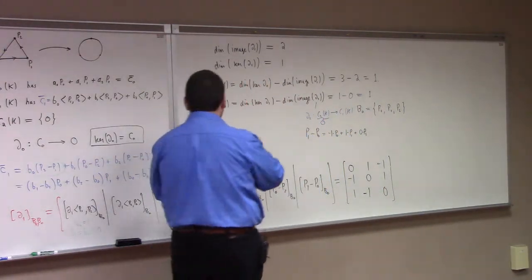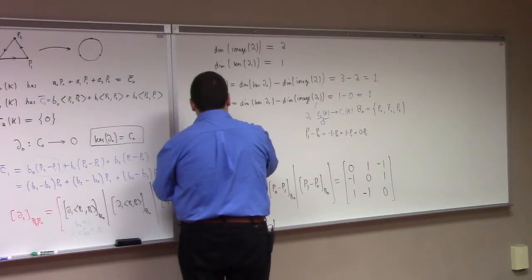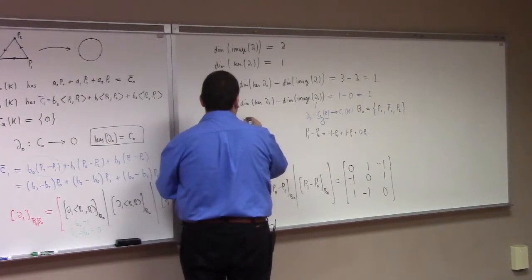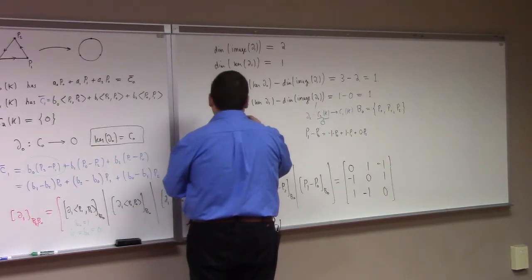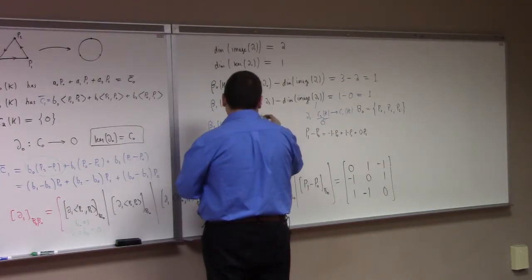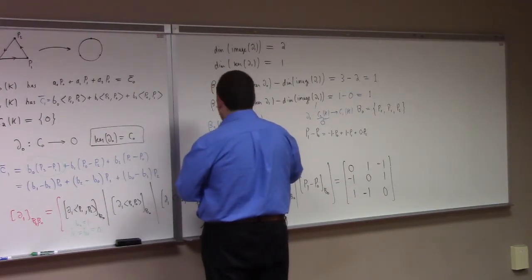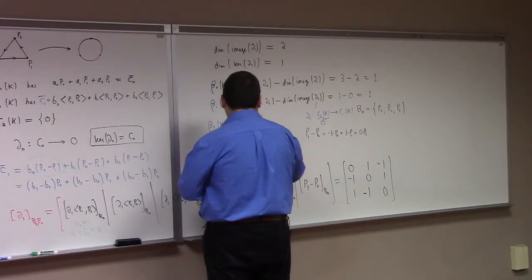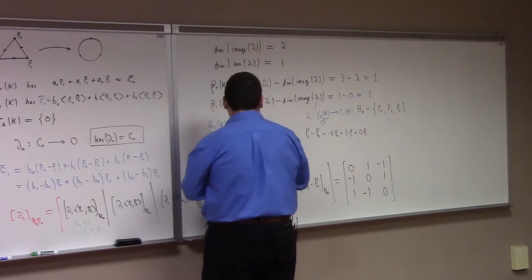Now, if we look at beta 2 of k, that would be equal to what? The kernel of the boundary 2 map mod the image of the third boundary map.